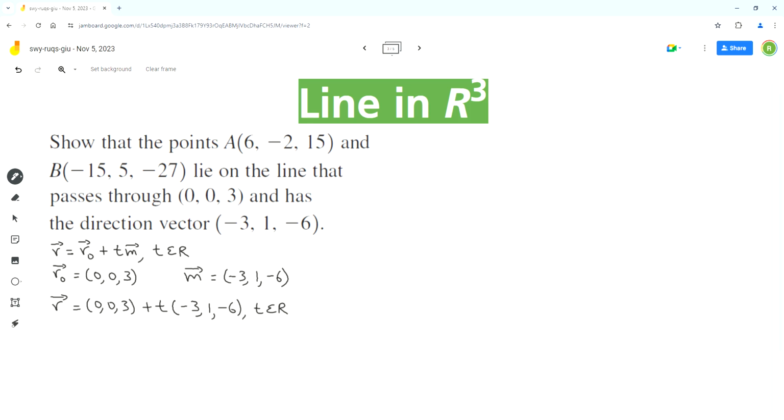Now we can write the parametric equations. So we'll use an unknown point x, y, z for the position vector r.